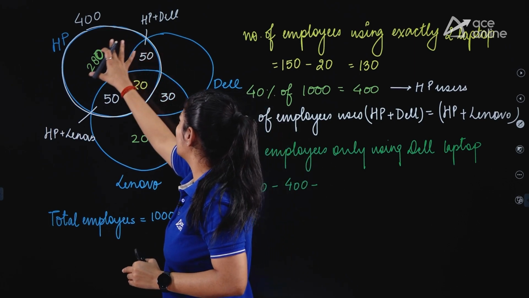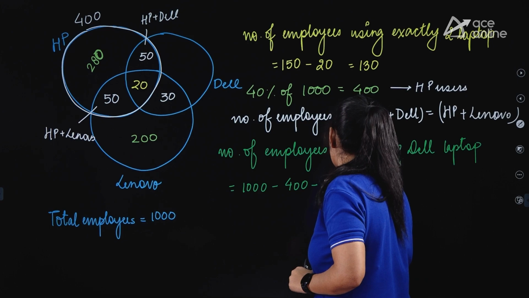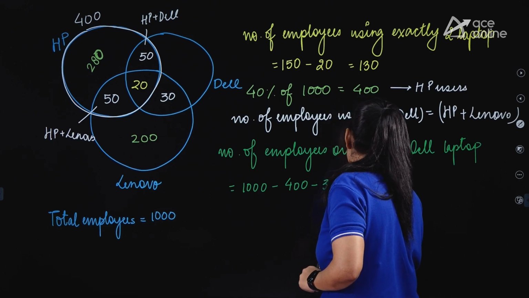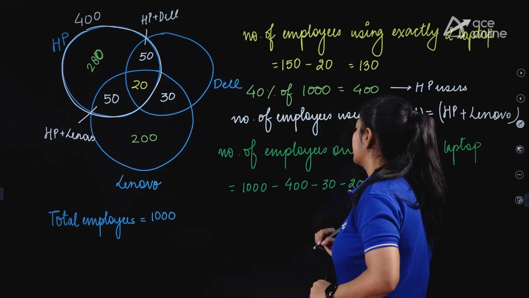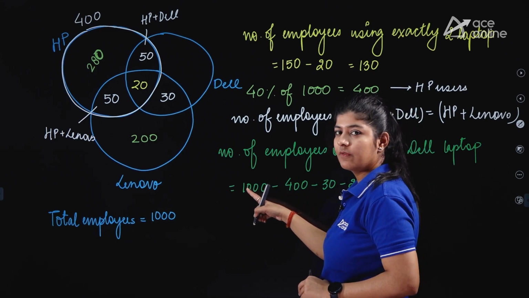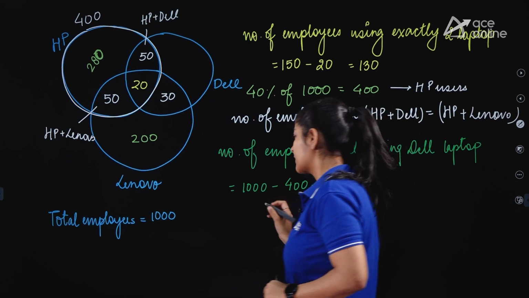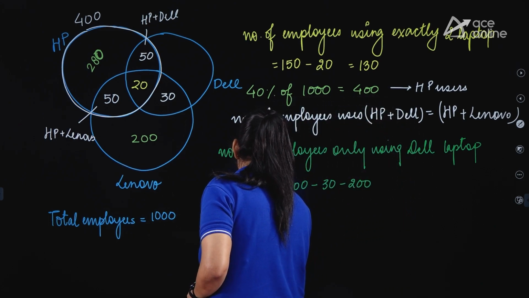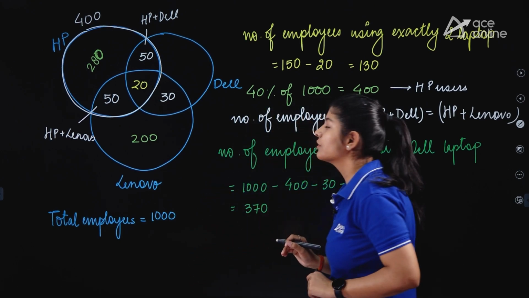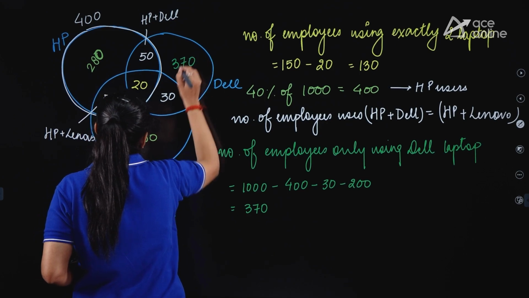I'm just considering the whole value. Apart from that, I have 30 and 200. So I subtract 200 and subtract 30. Here we have 600, that means we are left with 400. 400 minus 30 is 370. So basically the only users of Dell is equal to 370.